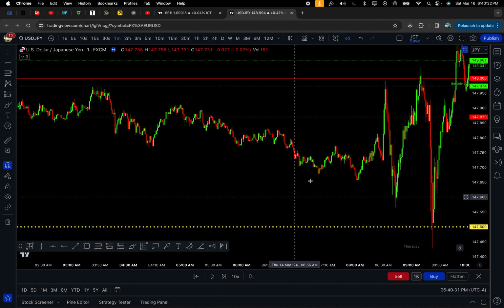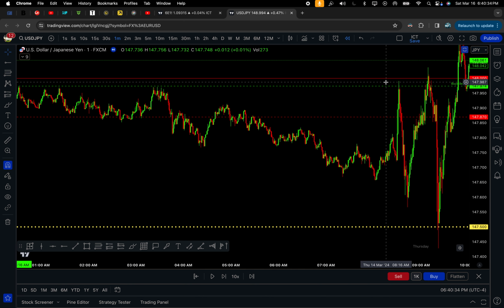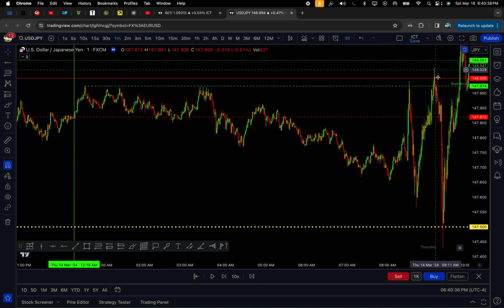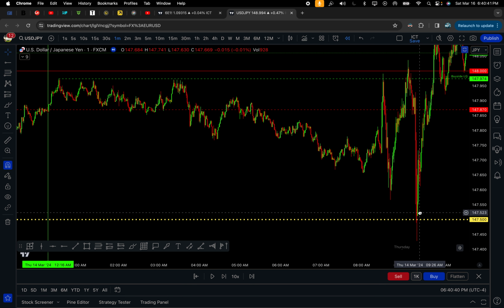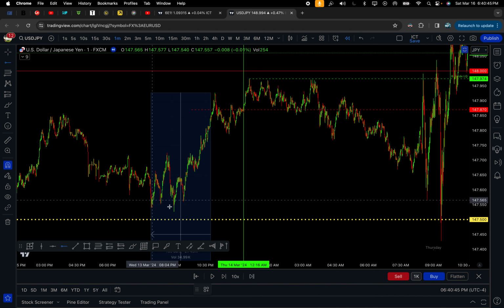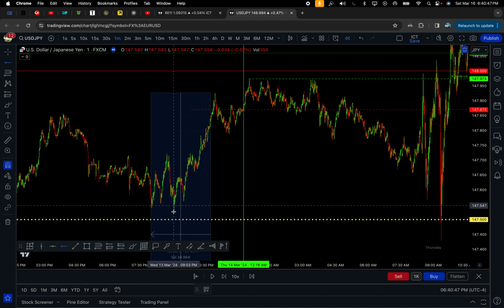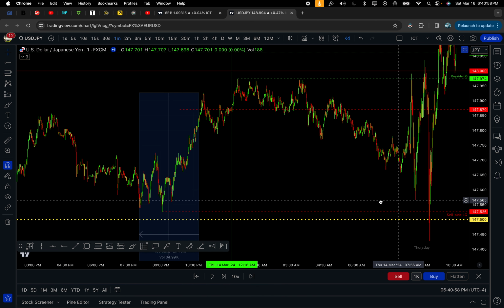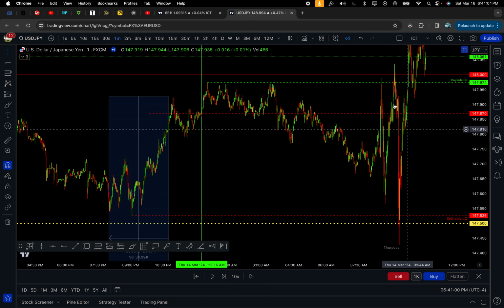So then it gets poked through here, runs down, pokes through further, runs down, and then when it sweeps down here, it goes underneath sell side liquidity, sweeps this. So just look at that. I mean, sweeps here, sweeps here.